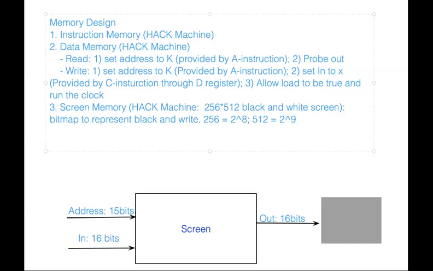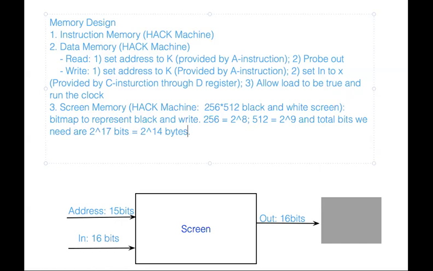So this is in bits. The total bits we need are 2 to the power 17 bits. Then every 8 bits is 1 byte, so we need 2 to the power 14 bytes.